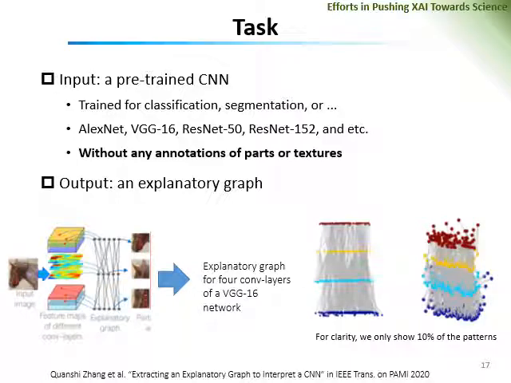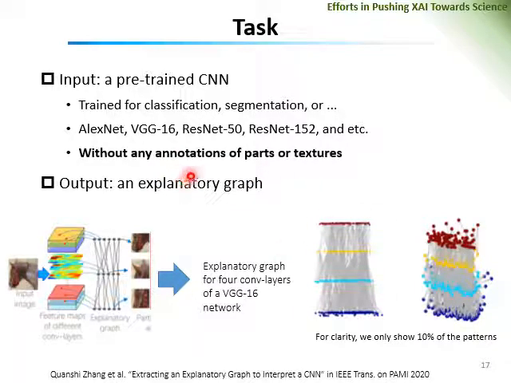The input is a pre-trained network. We can use this method to explain either AlexNet or VGG16 or the residual networks. Note that we do not need any annotation of parts or textures to learn the explanatory graph.